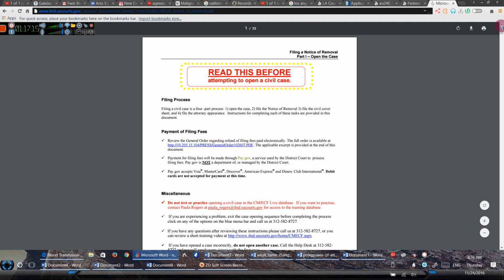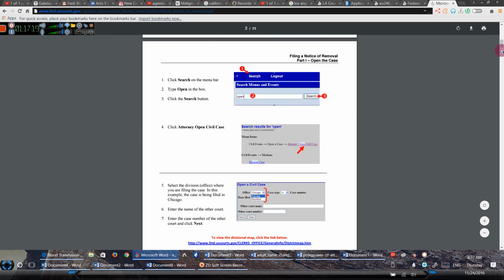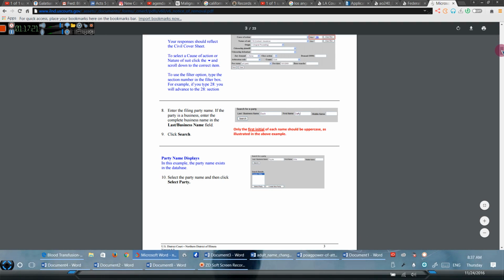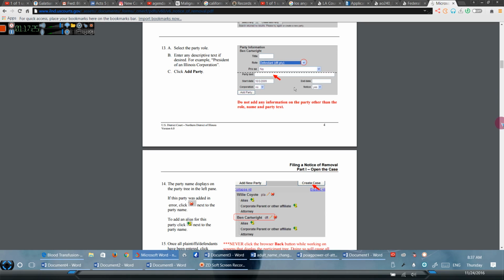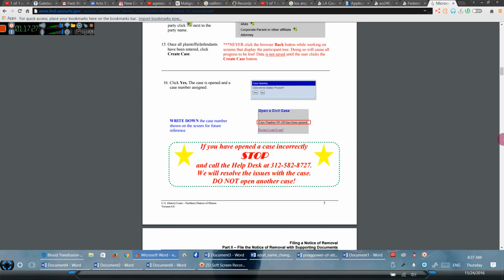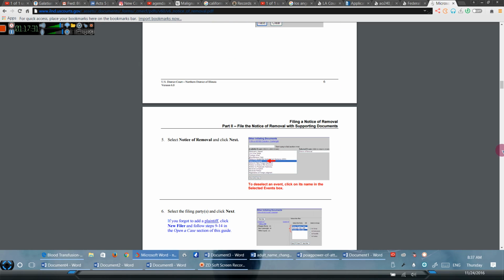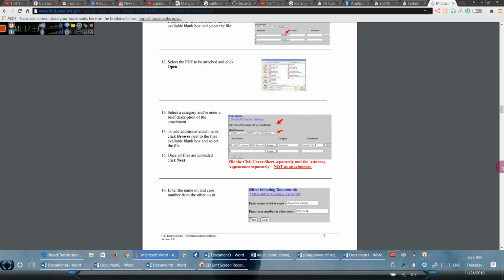This is from the court, ladies and gentlemen. This is them explaining the rules, the requirements, showing you how to get on their so-called system, how to look up cases on their system. Okay, how to do it electronically.